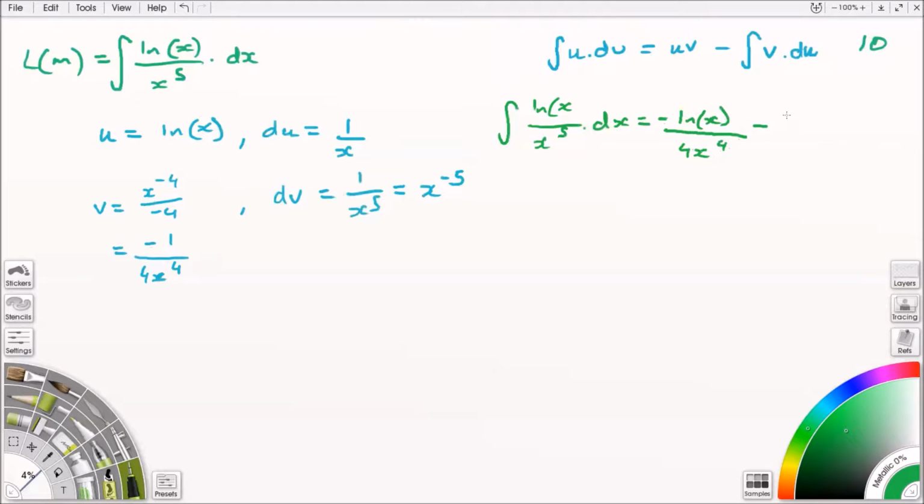And subtract the integral of v du. v is once again our negative 1 over 4x to the 4, and we're timesing it by du, which is positive 1 over x. I'm just trying to think ahead and simplify as I go.